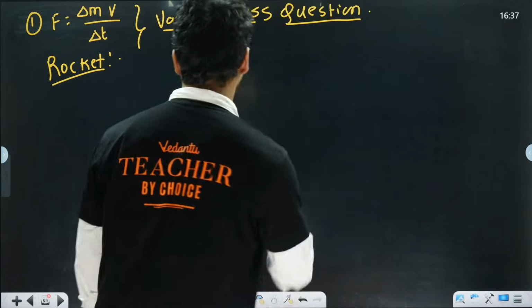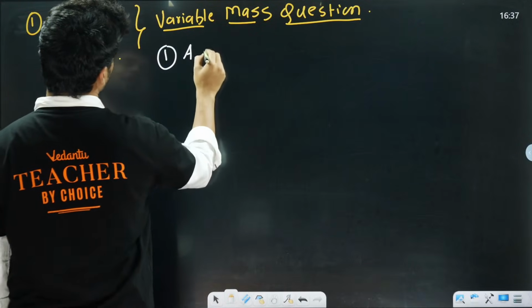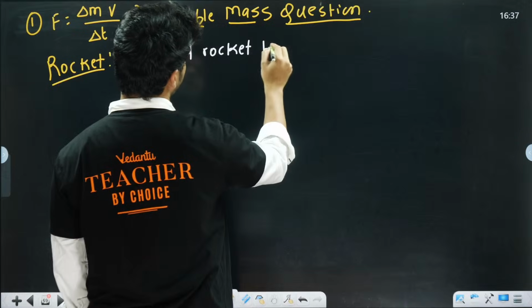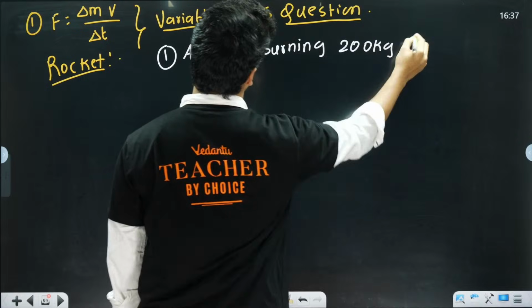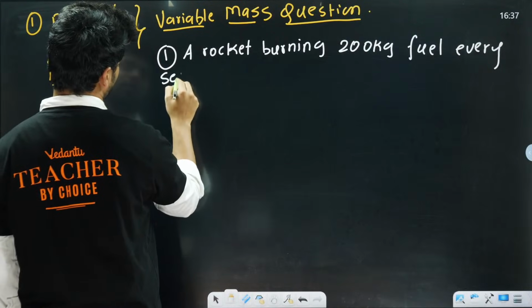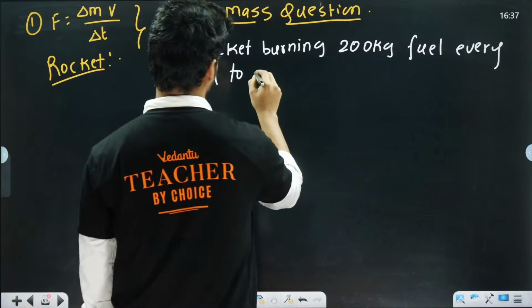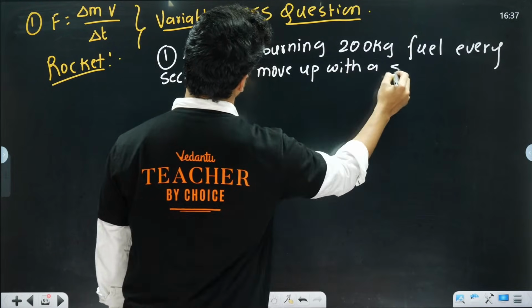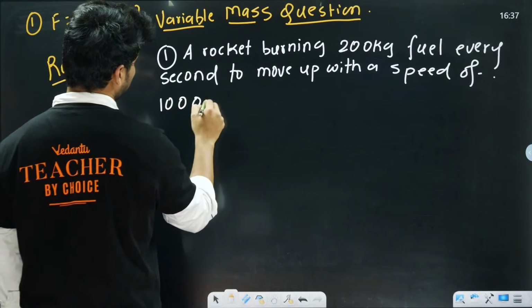Question number 1: a rocket burning 200 kg fuel every second to move up with a speed of 1000 meters per second.